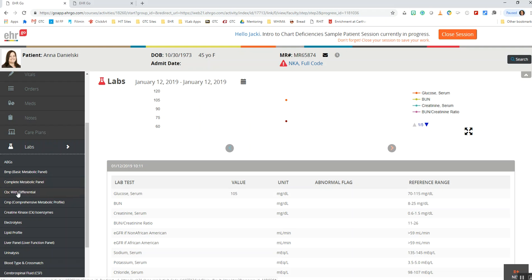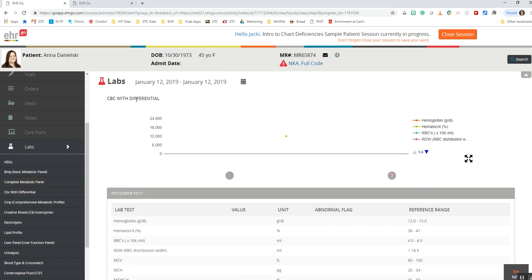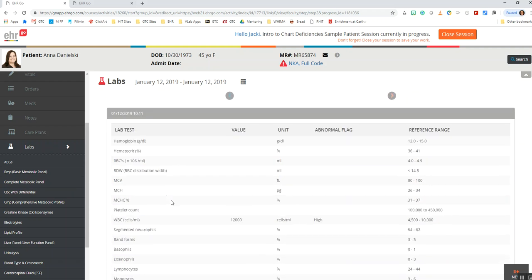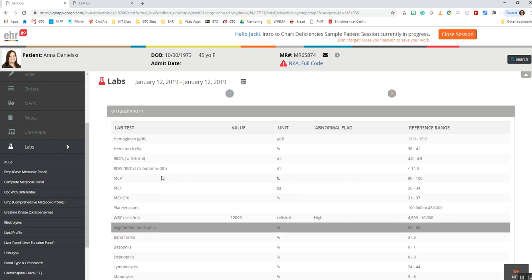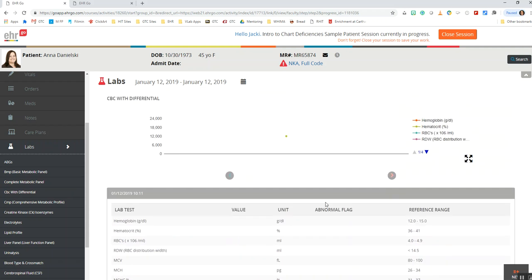CBC with differential. We have a CBC with differential. Here are all the components of that, and there's only 1. So mark CBC with differential, number of panels, 1. Lipid profile. We do not have a lipid profile. Urinalysis. No urinalysis.